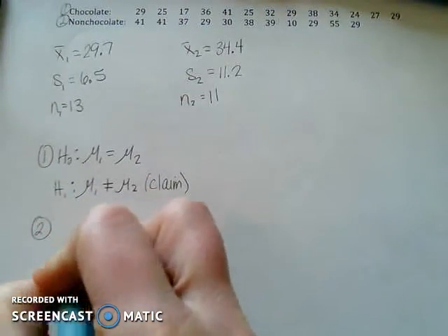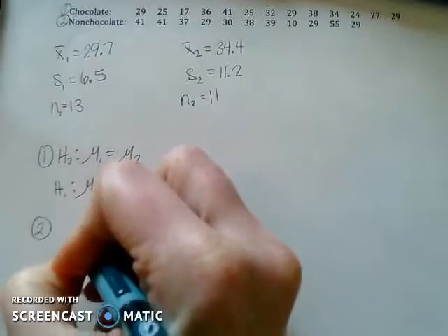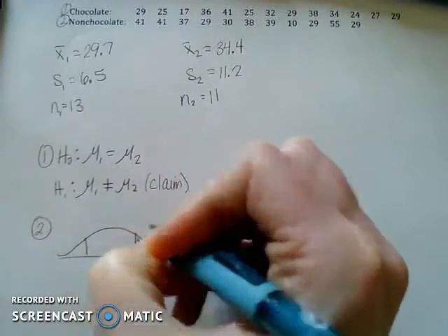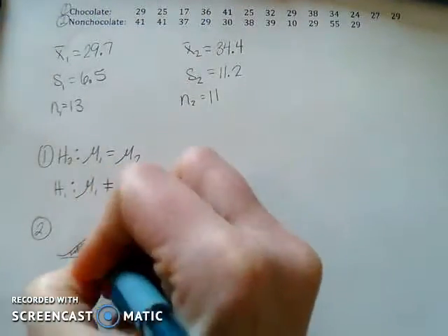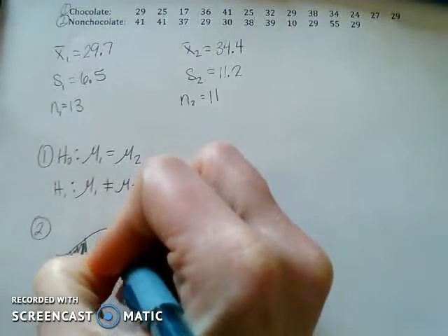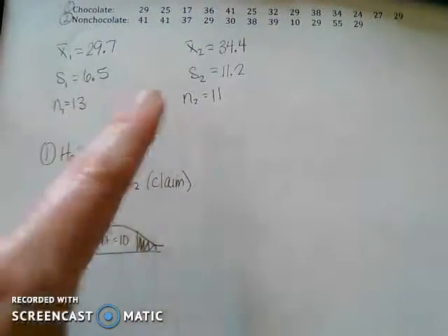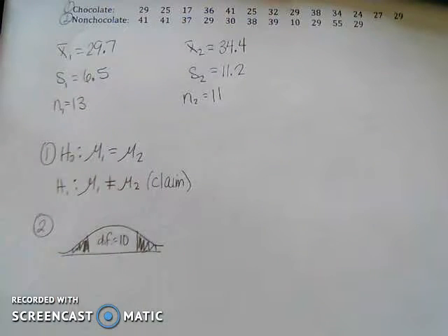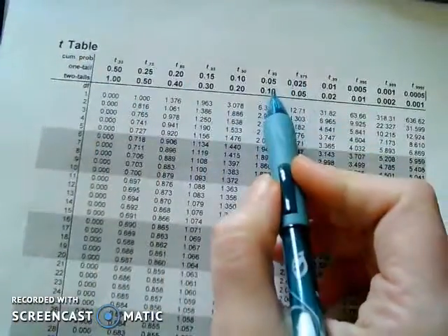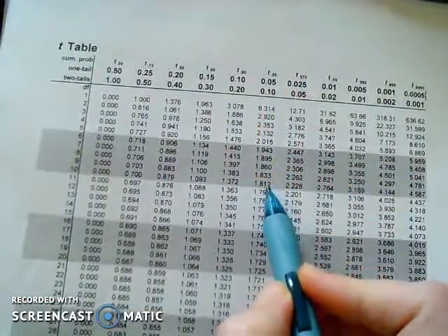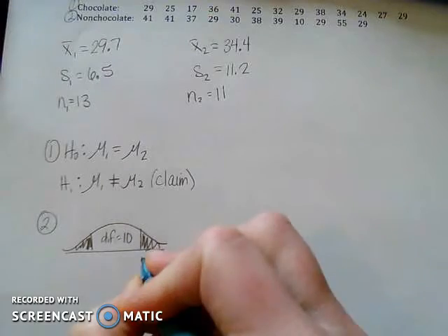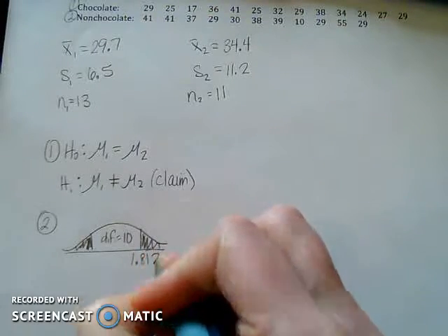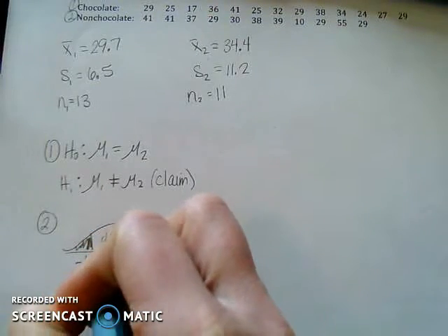Step 2, two-tailed test again. Your degrees of freedom is going to be 10. Our sample sizes are 13 and 11. 11 is smaller, but again, you have to subtract 1. So this time it's 0.1. So 2 tails, 0.1, down to 10, 1.812, and negative 1.812.